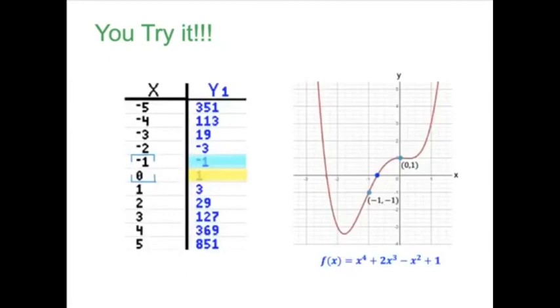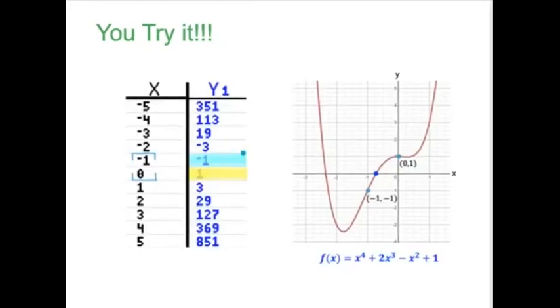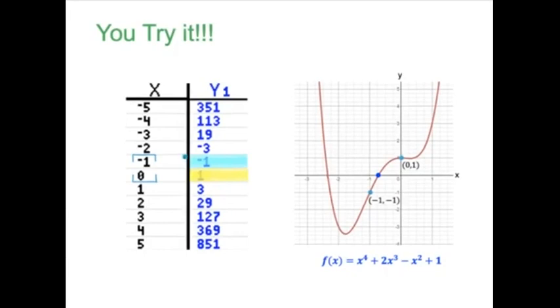I also included a table and a graph to show my results. When we look at the y column of the table, notice that there's a sign change from -1 to 1, while the corresponding x values are -1 and 0. Because there's a sign change from -1 to 1, that lets us know that there's a 0 in this closed interval from -1 to 0.